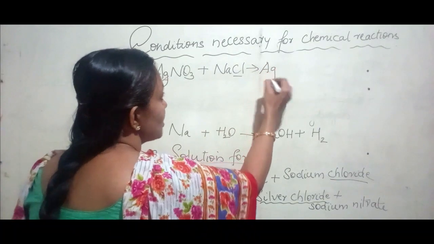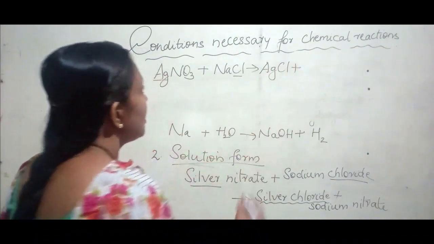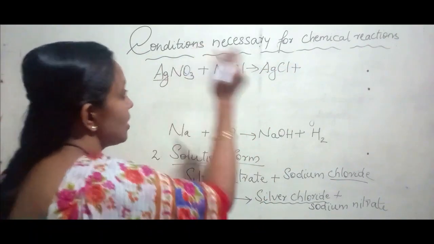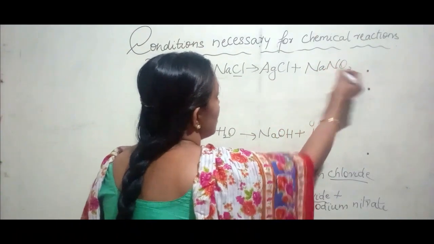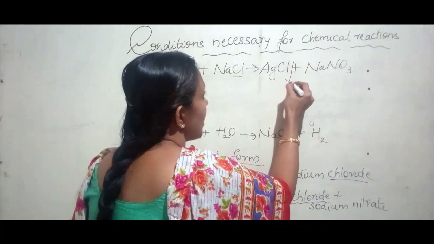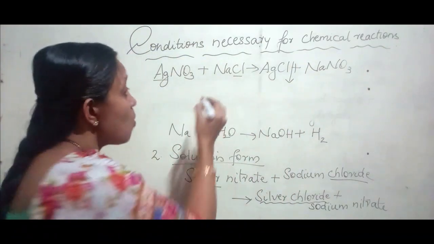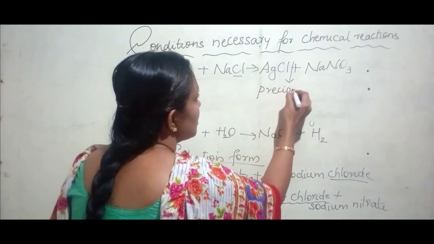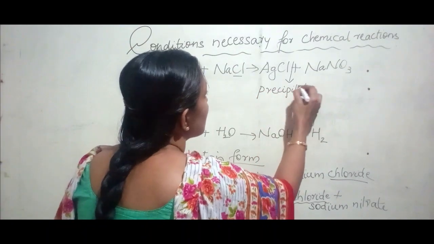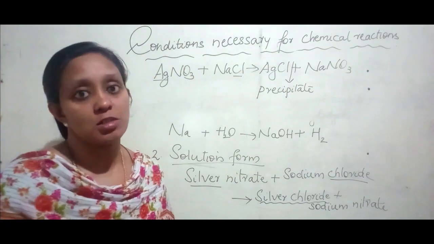So we get the product as silver chloride along with sodium combined with the nitrate radical, NaNO3. So here silver chloride will be seen as a white precipitate. Precipitate is a thick solid substance that is formed.